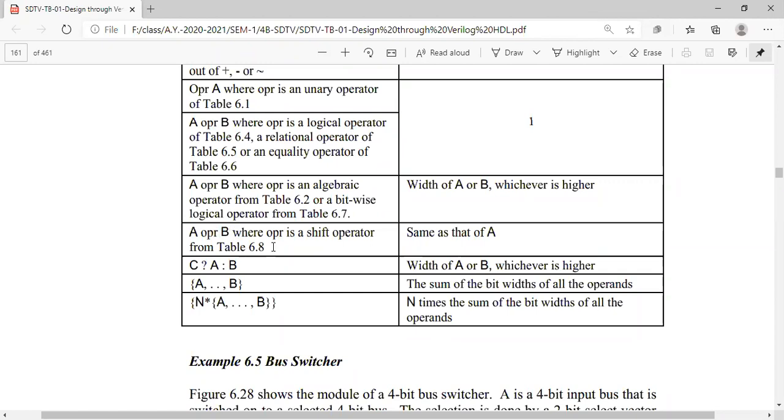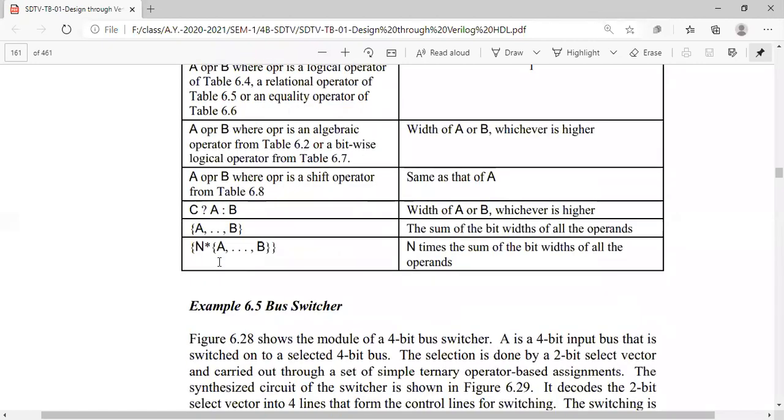That means it has to be shifted that many times, right? Here in ternary operators, whichever is higher will be assigned. You have to be careful regarding this concatenation and also this concatenation. These many bits have to be used this many times, right?